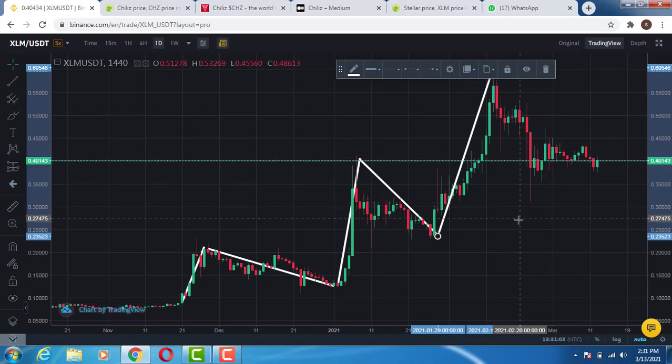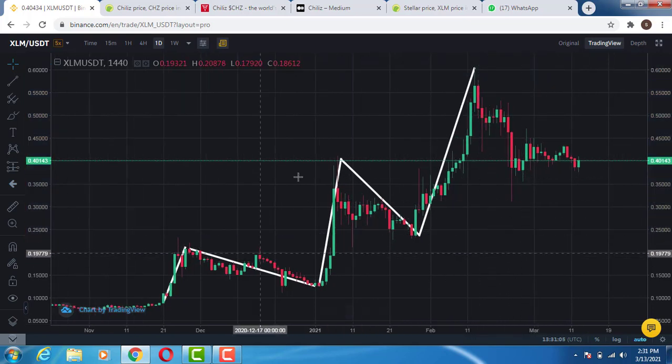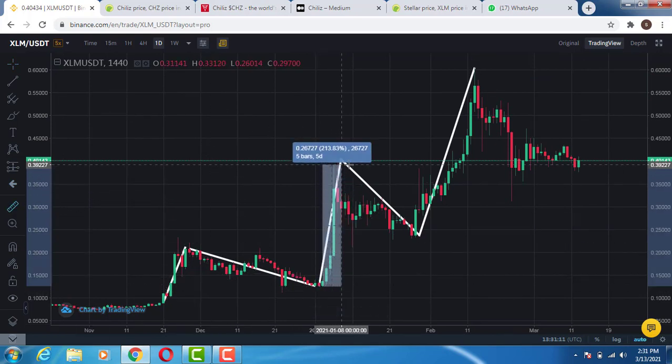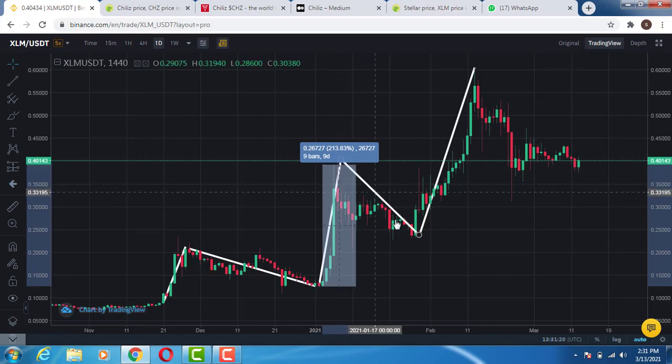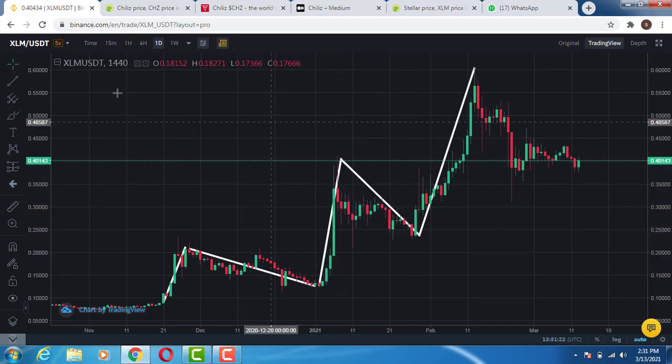Now if you look at it, when the market is correcting, if we use the measurement tool and measure the length from here to this point, you see this is about 213%. Now if you look at the way it retraced, you see something very important.